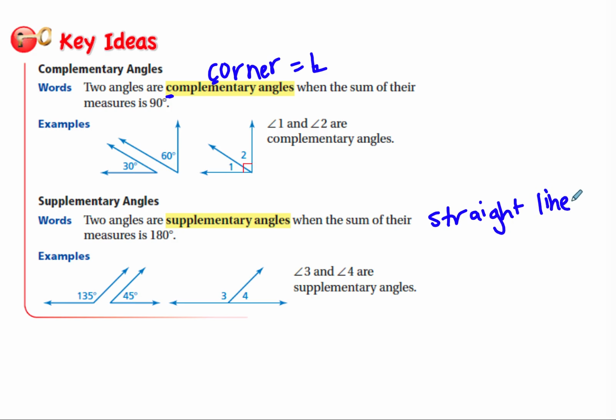And straight line and supplementary both start with S. So if I see a corner, 90 degrees, when they're together, that's complementary. If I see a straight line when they're together, it's supplementary.